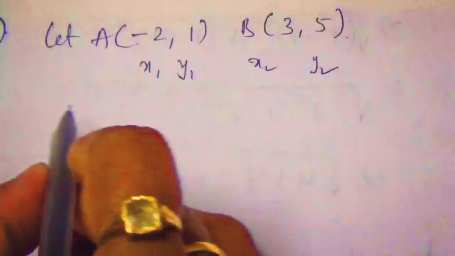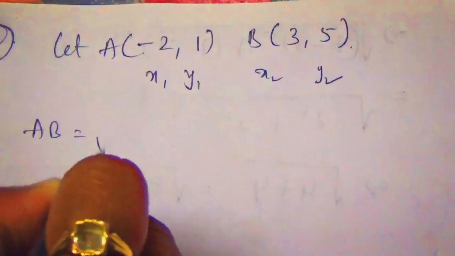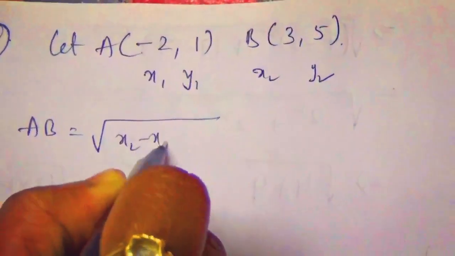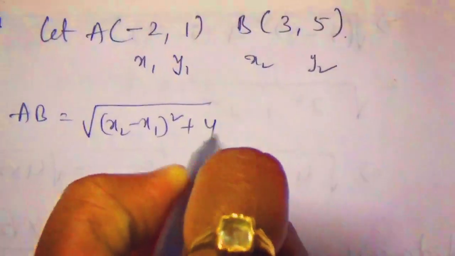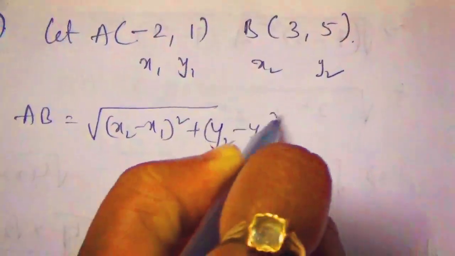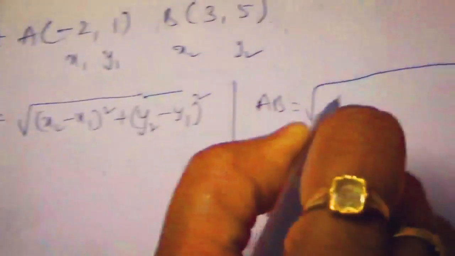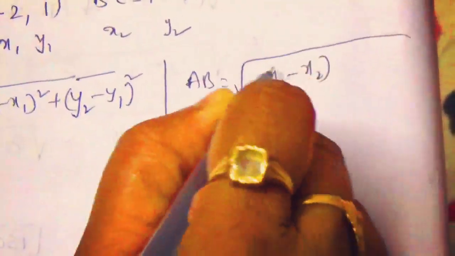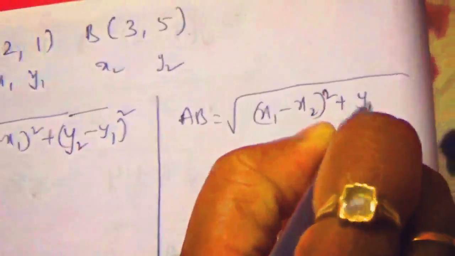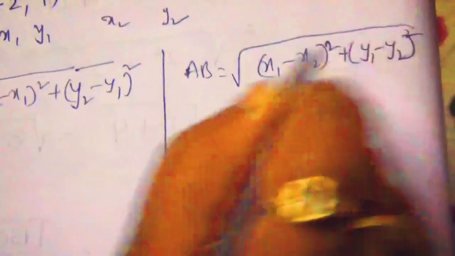Let us check. First of all, the AB distance is the square root of (x2 minus x1) whole square plus (y2 minus y1) whole square. What is the formula he was given? AB is equal to the square root of (x1 minus x2) whole square plus (y1 minus y2) whole square. Let us check both.